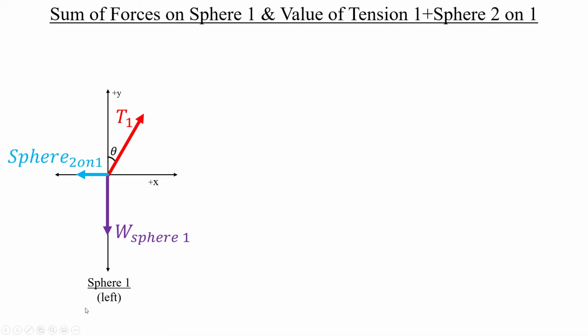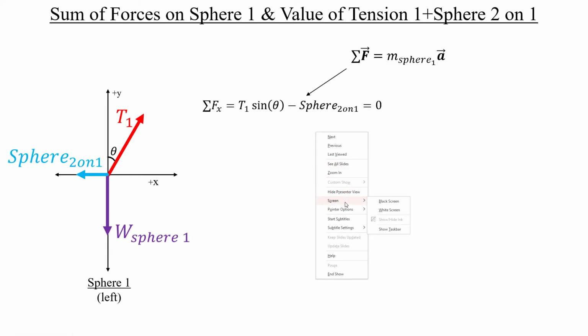We're going to start with the sum of forces is equal to ma at the top of the page, where m is specifically the mass of sphere number 1. If we take the sum of forces in the x direction, what are we doing? Let me actually get a pen here. We're taking the sine component of t1. It's pointing in the plus x direction.